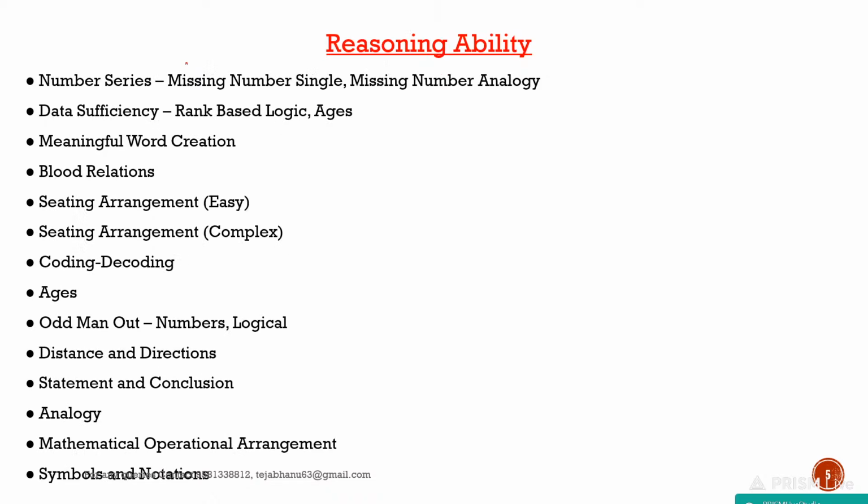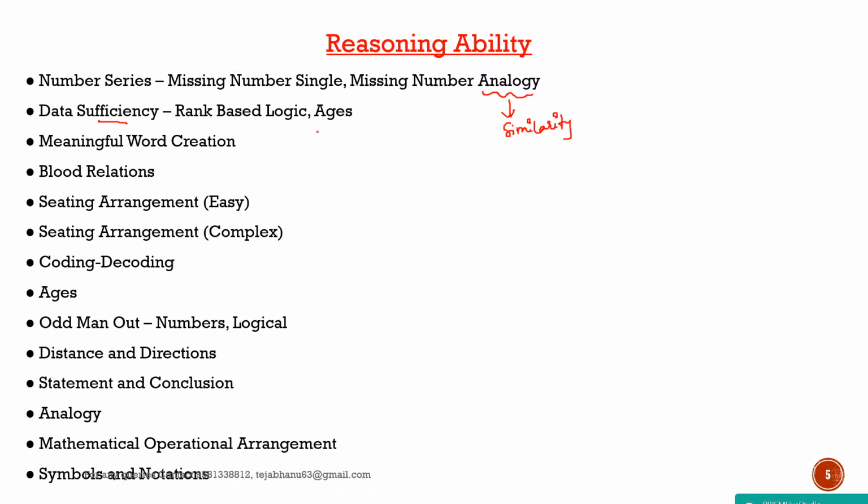Whereas coming to reasoning ability, we have number series, missing number single, missing number analogy. Next, analogy means the similarity. We have to identify the similarity. Next, data sufficiency.